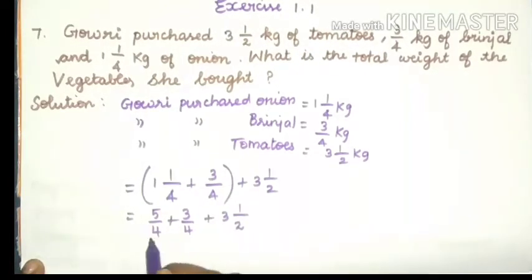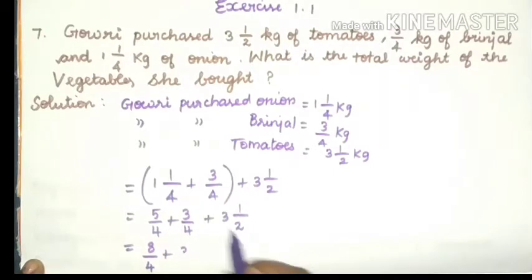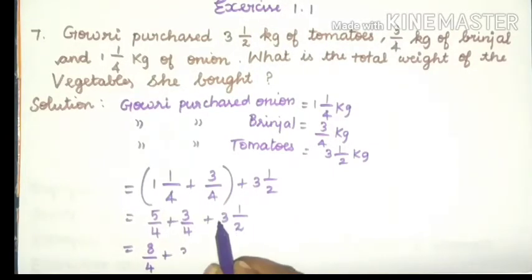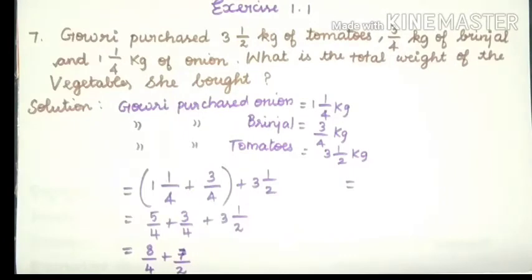Here the denominators are the same, so we can easily add these two fractions. 5 plus 3 equal to 8 by 4 plus 3 1 by 2: 3 2s are 6, 6 plus 1 is 7, so 7 by 2. Here the denominators are not the same.